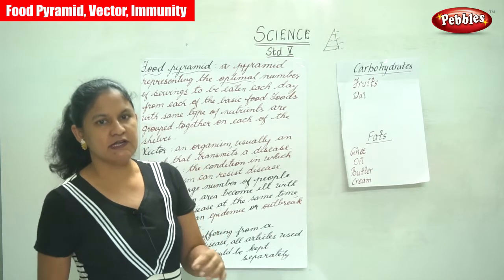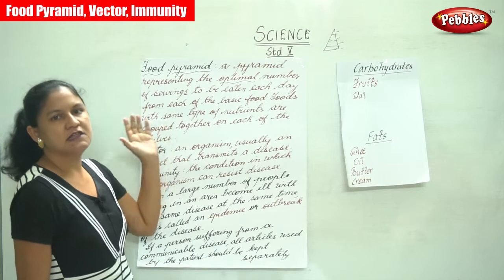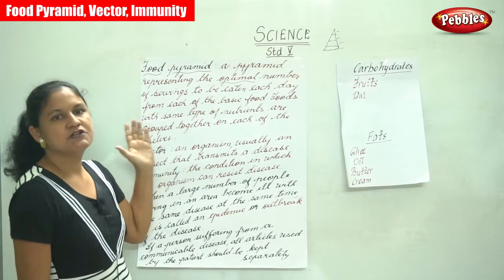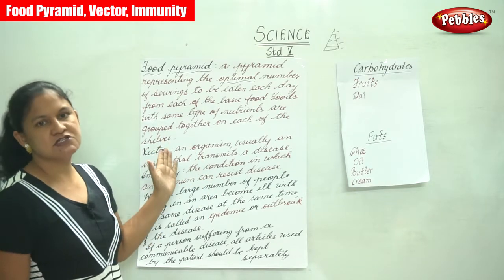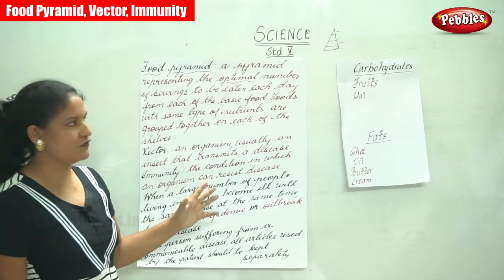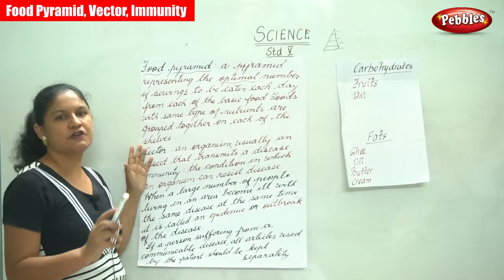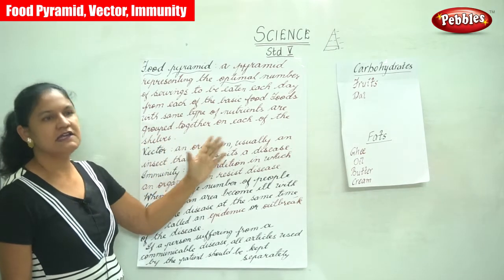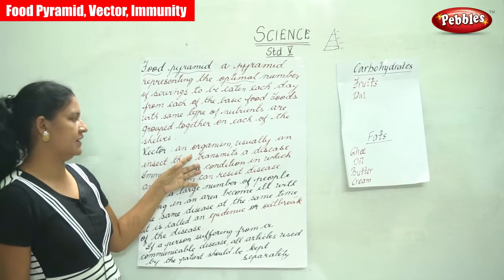A food pyramid is a pyramid representing the optimal number of servings to be eaten each day from each of the basic foods. Foods with the same type of nutrients are grouped together on each of the shelves. So this is the food pyramid.